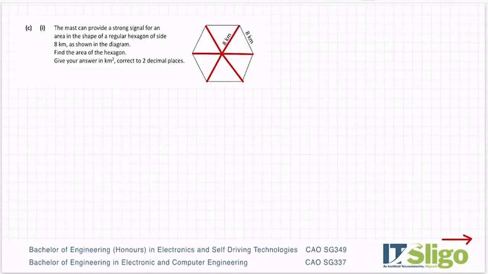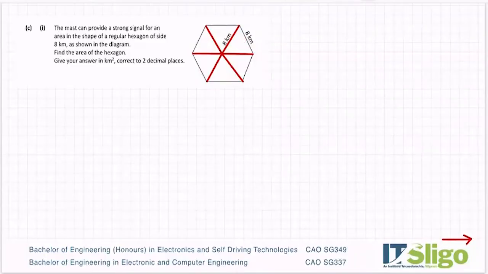Okay, so we've broken that up into 1, 2, 3, 4, 5, 6 triangles. And they're going to be the exact same because a hexagon has loads of axes of symmetry, so it all folds on top of each other, which means the triangles are all the same size.